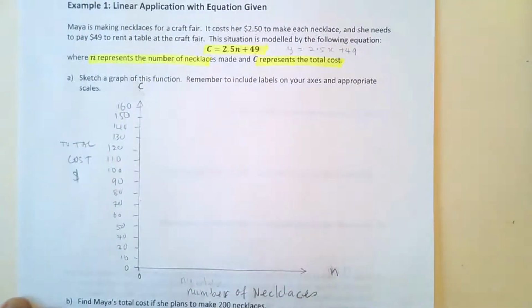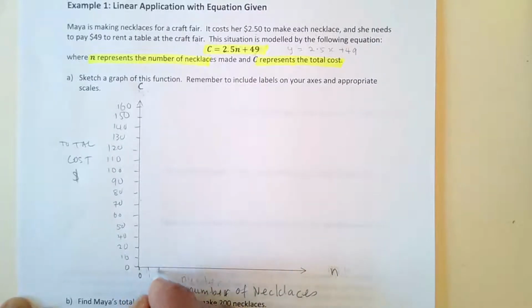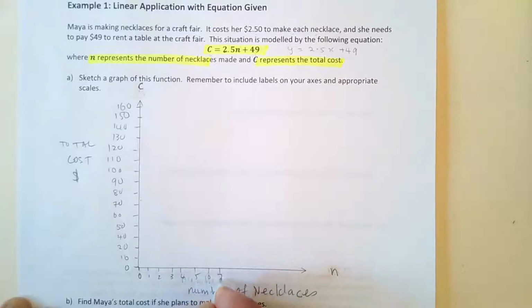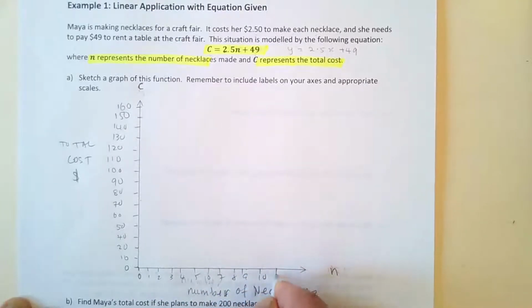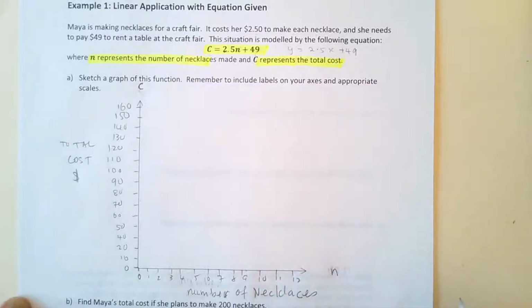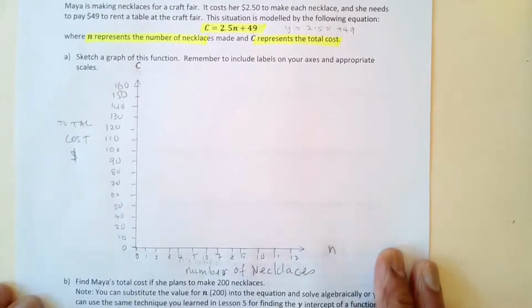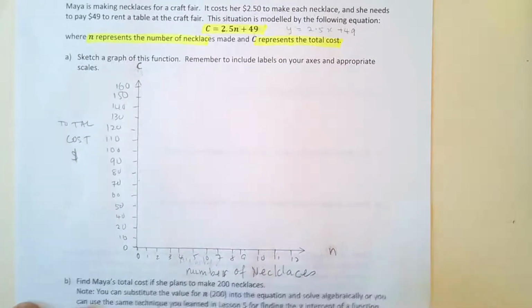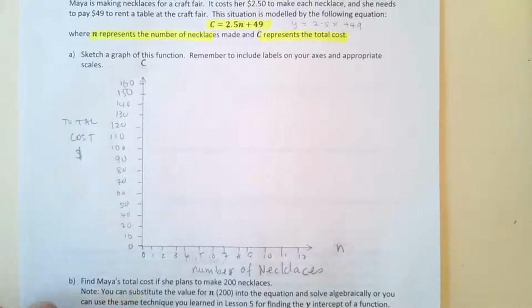For the number of necklaces, I'm just guessing, I'll put increments of 1 up to 12. Now this goes on. It can go on forever. It all depends how much she will make.